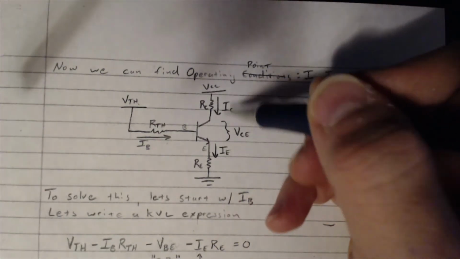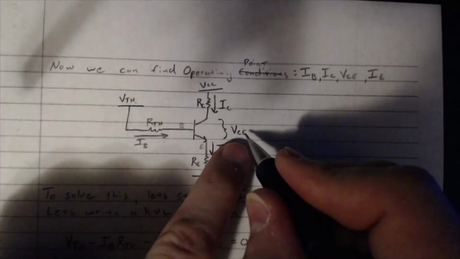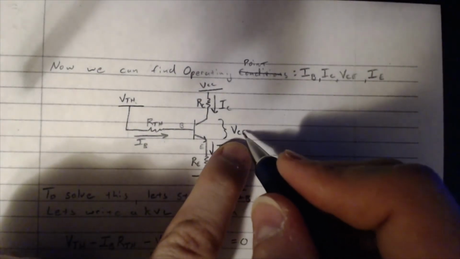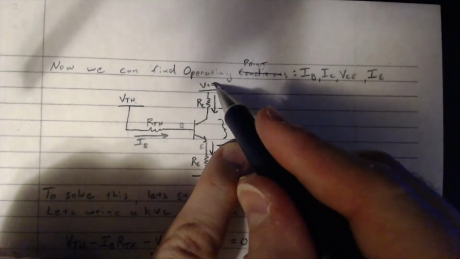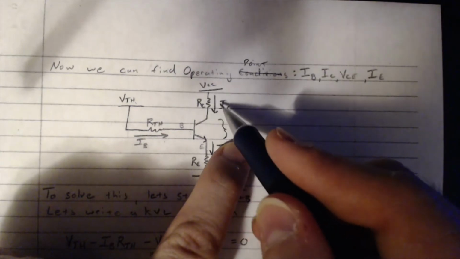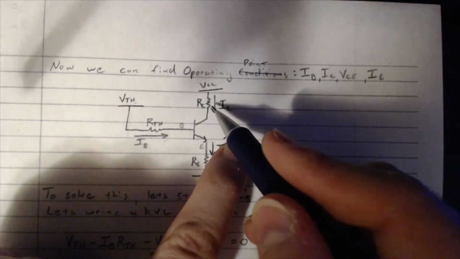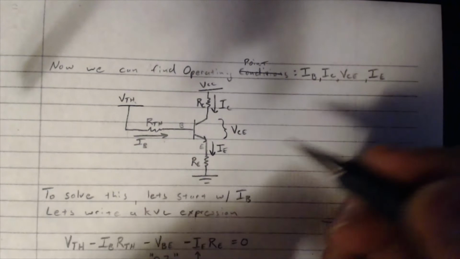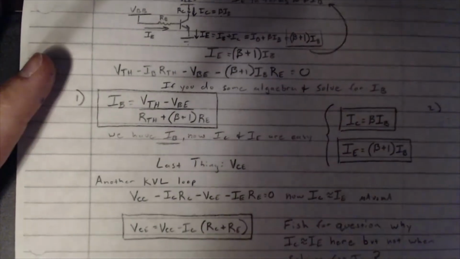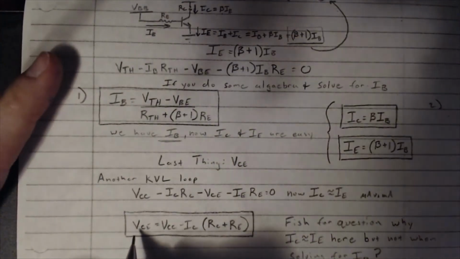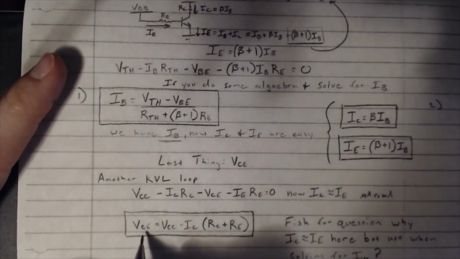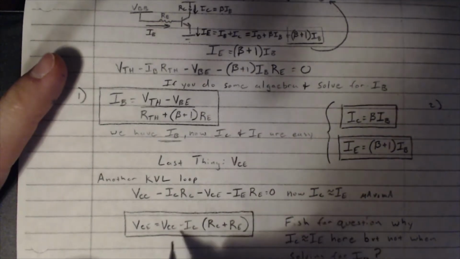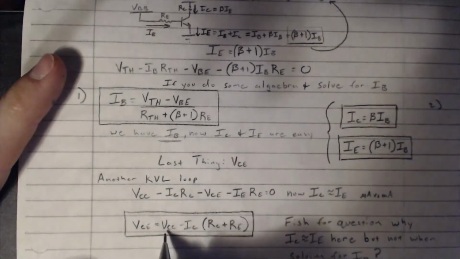Okay, so obviously to find VCE, we're going to do VCE is equal to VCC minus the voltage drop across this, and minus the voltage drop across this, and that gets us our VCE. All right, let's check it out.